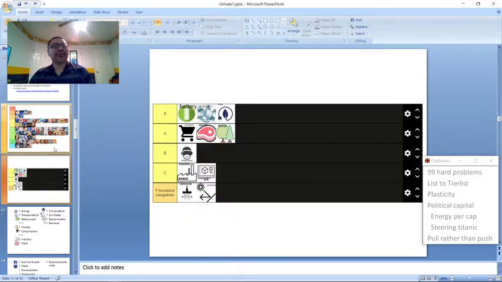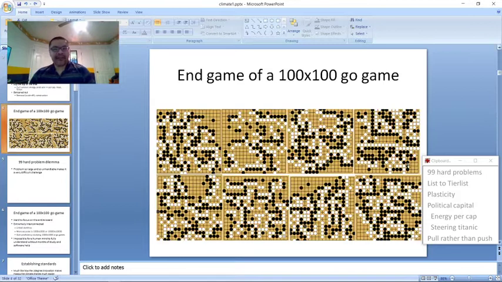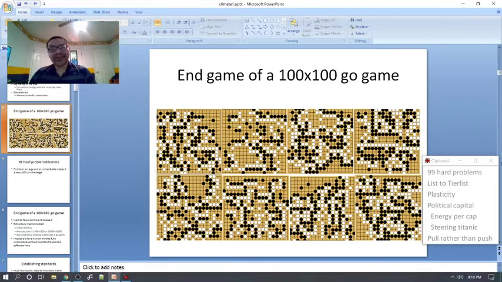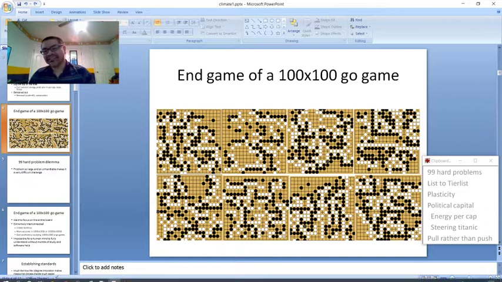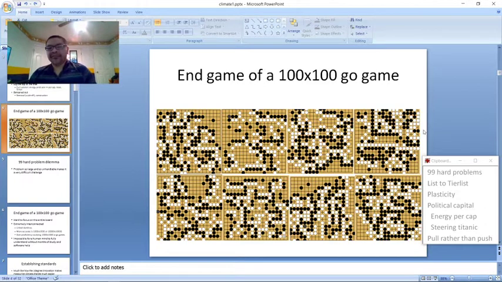How can we model this 100 by 100 Go game accurately? How can we introduce innovations to sort of gamify or model the process?